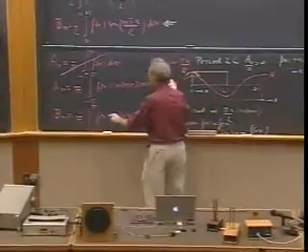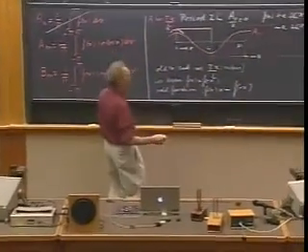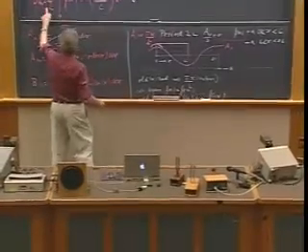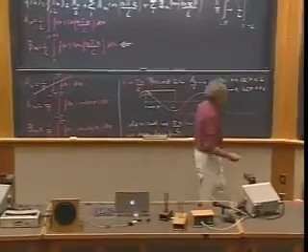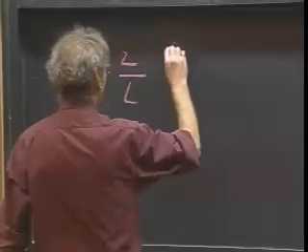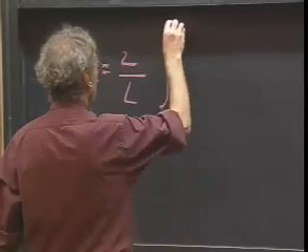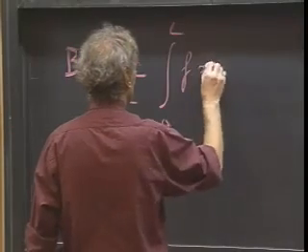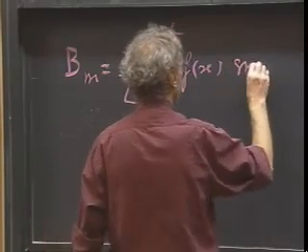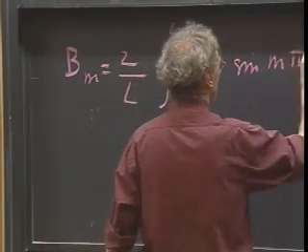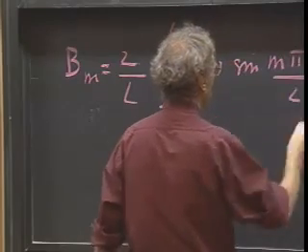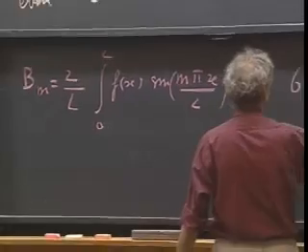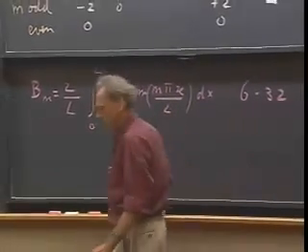So instead of having 1 divided by L, he says, no, you should really do 2 divided by L. But then he says, all you have to do is now integrate between 0 and L of the function of x times the sine of m pi x divided by L times dx. And this is equation 6.32 in French.